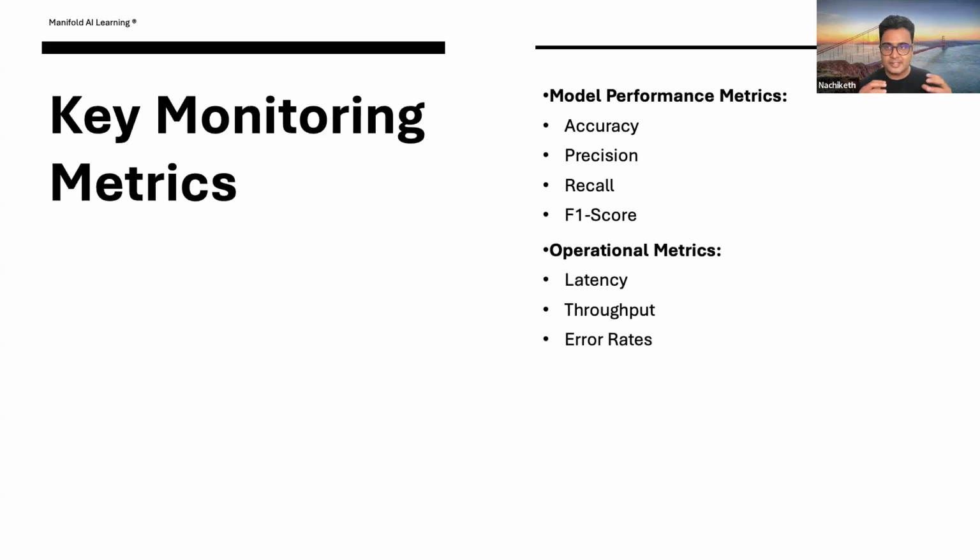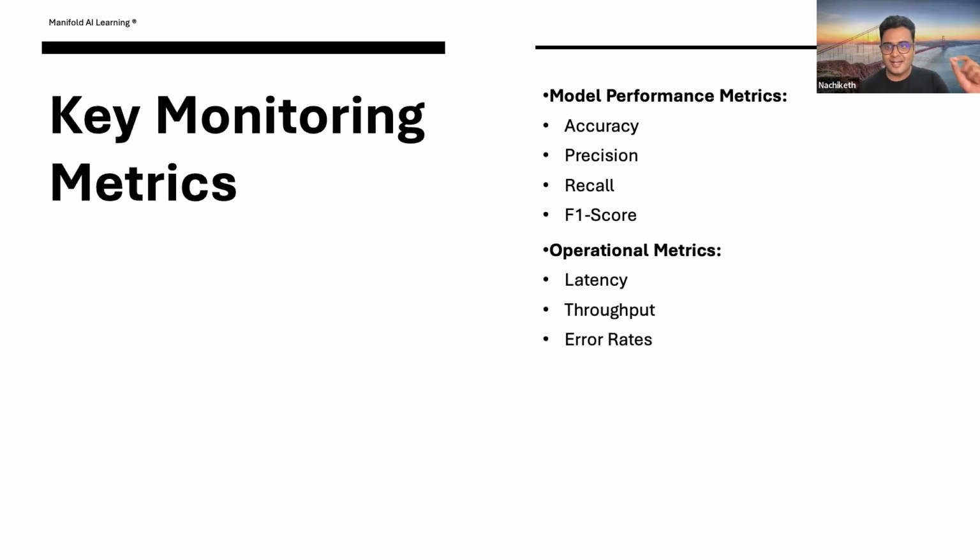Here, it's basically measuring how much time it is taking to generate the output for the given input data, how many concurrent requests it is able to process, how many requests are in the queue if it is a real-time queue that I'm talking about, and what is the error rate that I'm dealing with. All of these come under the operational metrics.